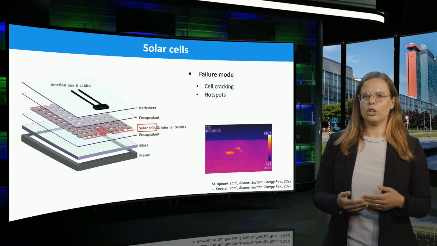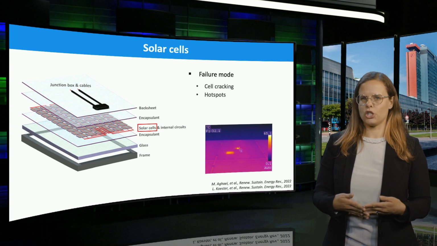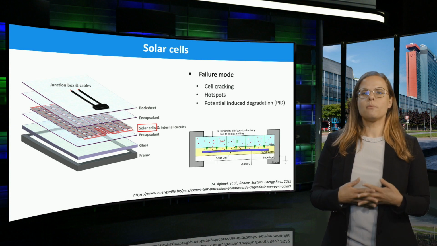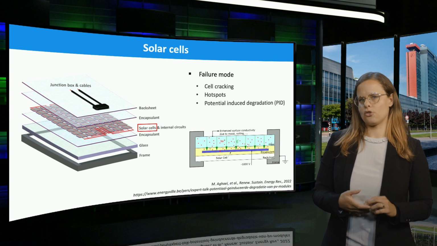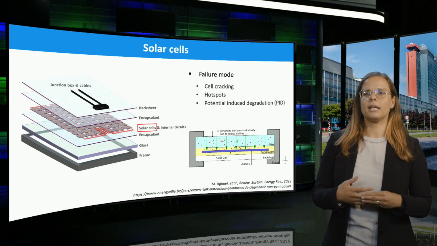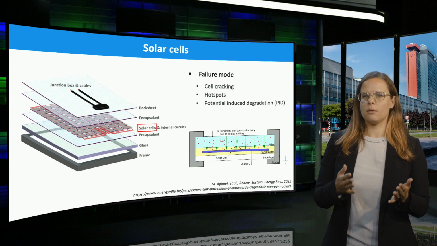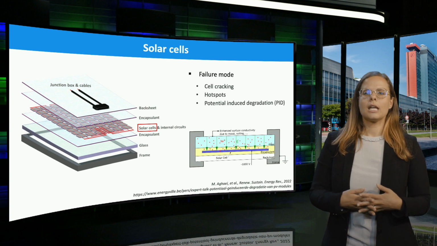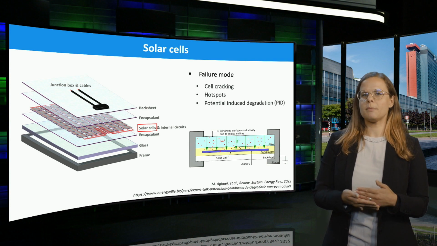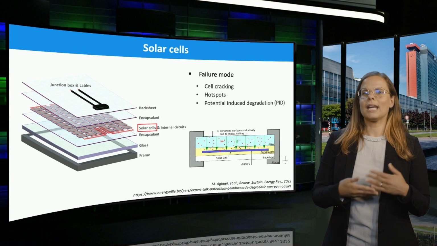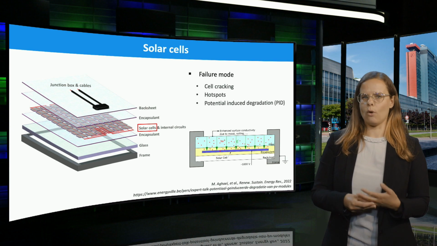The bottom right figure shows an infrared thermography image with two hotspots in a PV module. The next failure mode is called potential induced degradation, or PID for short. It's mainly caused by the different potentials between the module frame and solar cell of a PV system under operation. Since modules in a system are connected in series, the voltage in the solar cell matrix inside a module can easily add up to very high values, even beyond 1000 volts.